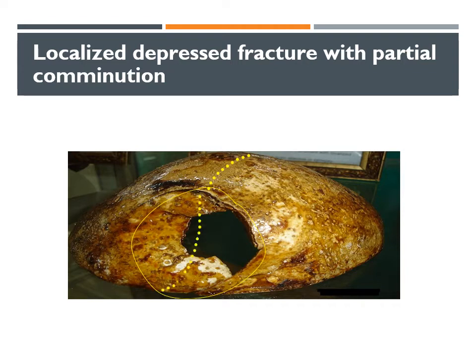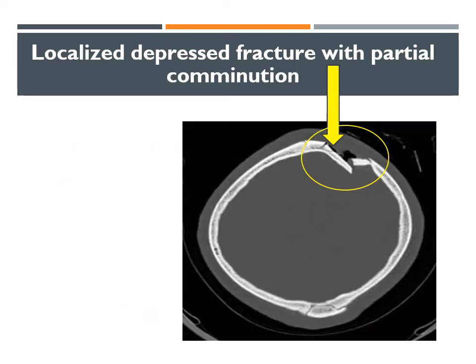So it is defined as localized depressed fracture with partial comminution. This is a CT picture showing localized depressed fracture with partial comminution. Here there is partial loss of bone.